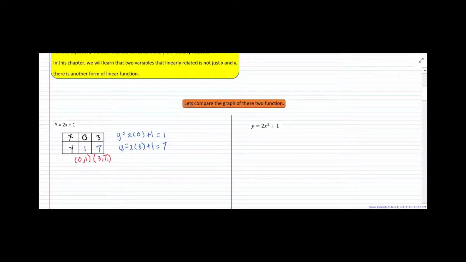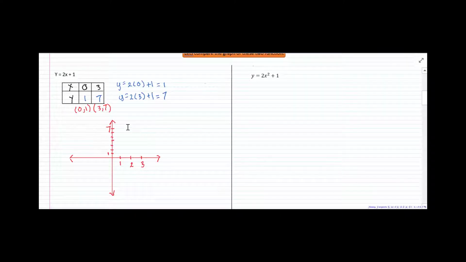After this, you have to put the points into a Cartesian diagram. Let's draw the Cartesian diagram first. The Cartesian diagram will be like this, and the axes will be y and x.